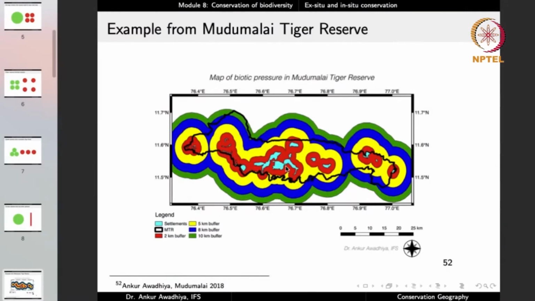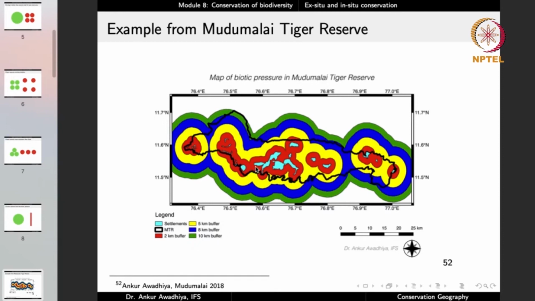the biotic pressure zones or the zones of influence, then if we consider, so this red is showing us a 2 km buffer, yellow is showing us a 5 km buffer, blue is showing an 8 km buffer, and green is showing a 10 km buffer.